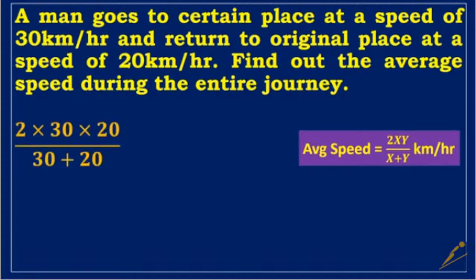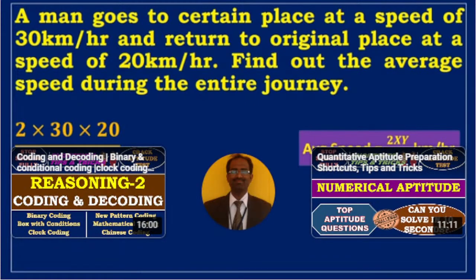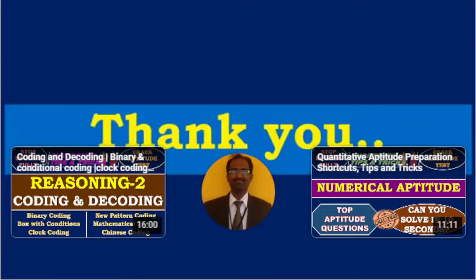Then the total time becomes 3 plus 5 plus 3 equals 11 hours. Now that you know the total distance traveled and the total time, you can calculate the average speed. Average speed is equal to 64 kilometers by 11 hours, or 59 by 11, or approximately 5.82 kilometers per hour. Let's look at the second example.